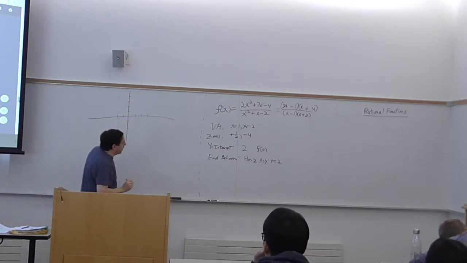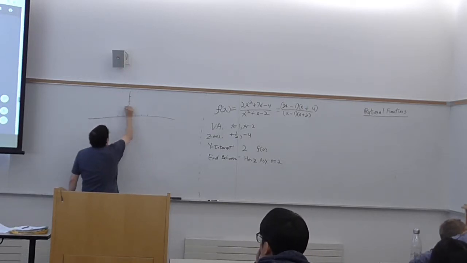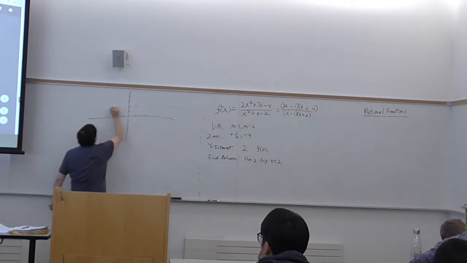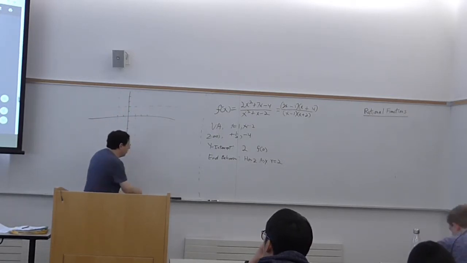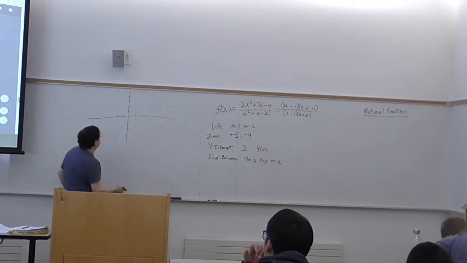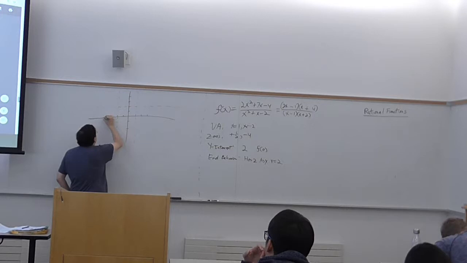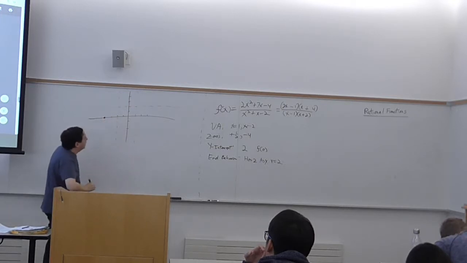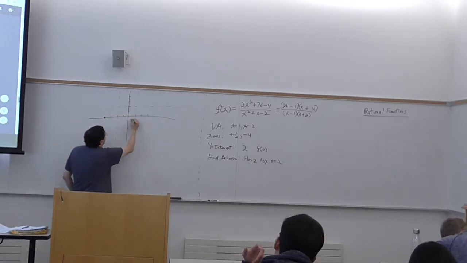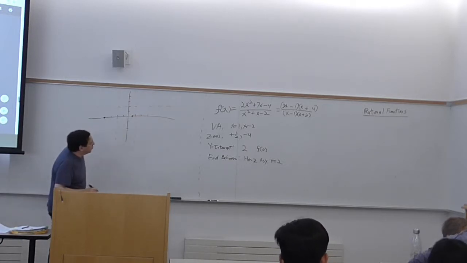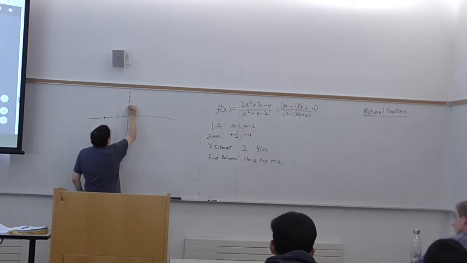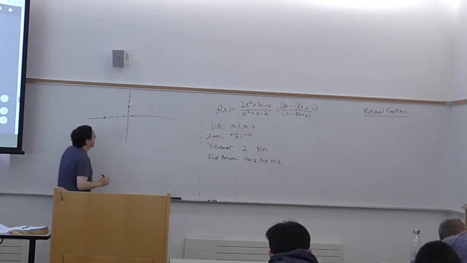We have a horizontal asymptote at 2. Okay. And we have some points. We know we have a 0 at -4. It's over here. And we have a 0 at 1/2. It's here. And we have a y-intercept at 2.